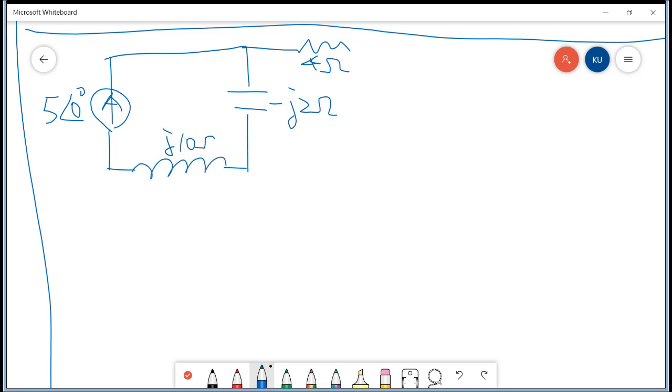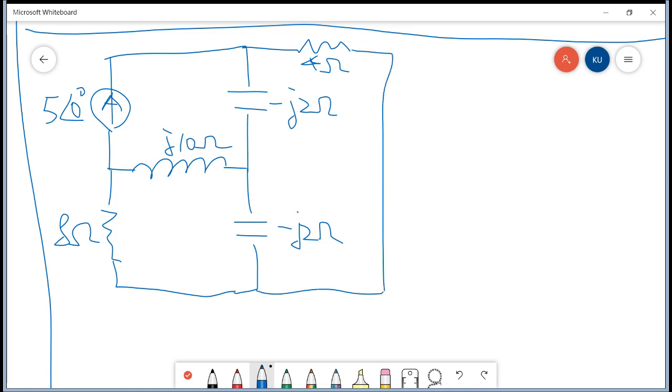J10 ohm. I3. This is 8 ohm. This is minus J2 ohm also.